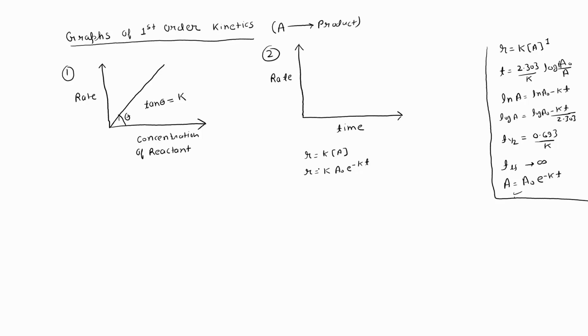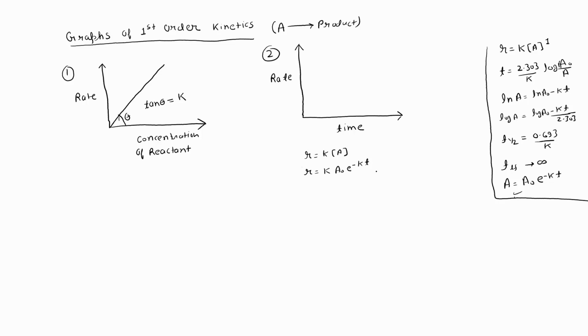Rate will decrease since rate is a function of reactant concentration. Reactant concentration decreases with respect to time, so rate also decreases with respect to time. Initially rate is high, and it will decrease as time increases. So we need an equation that relates rate to time, and this is the equation which relates rate to time.